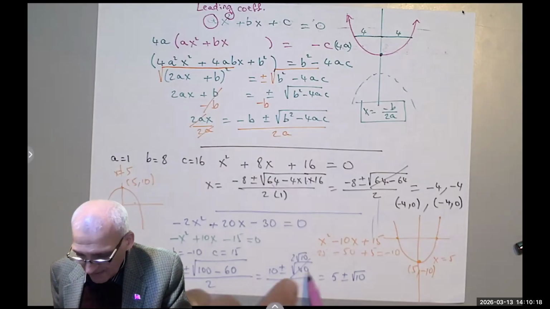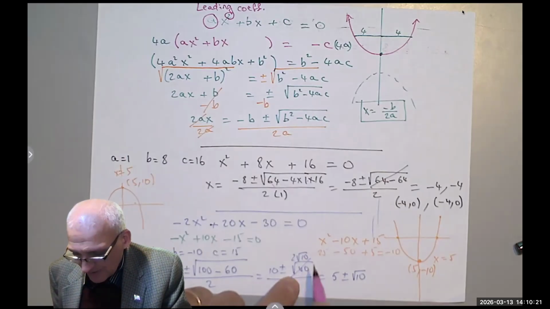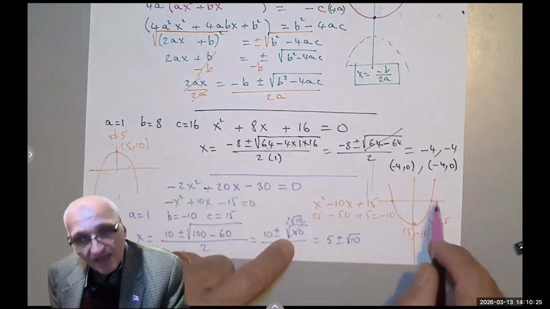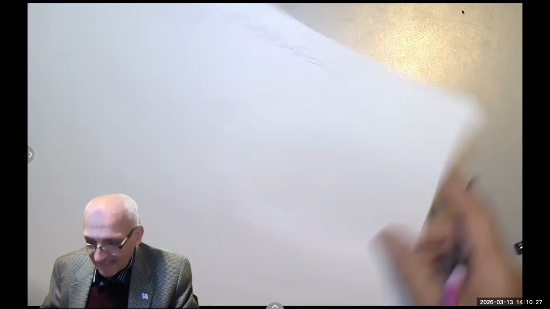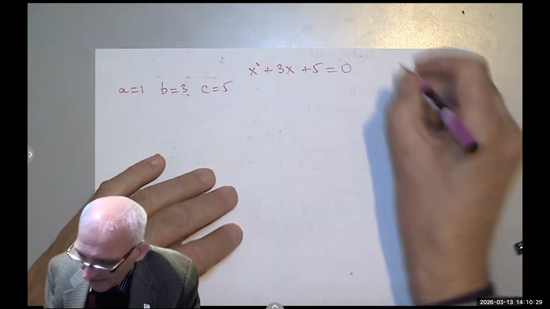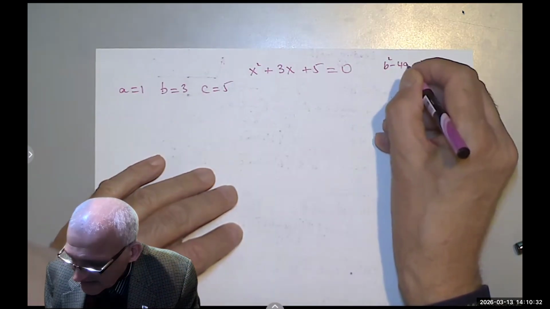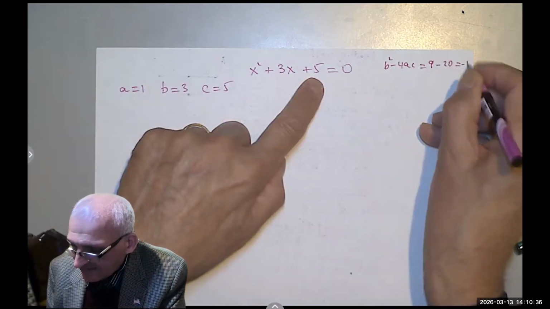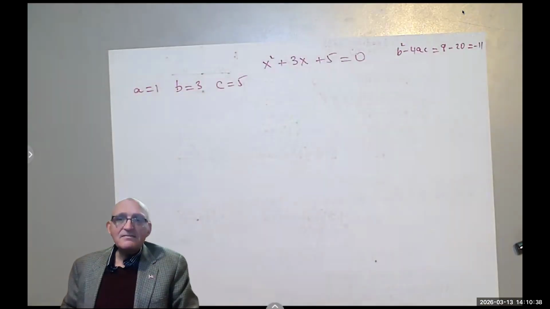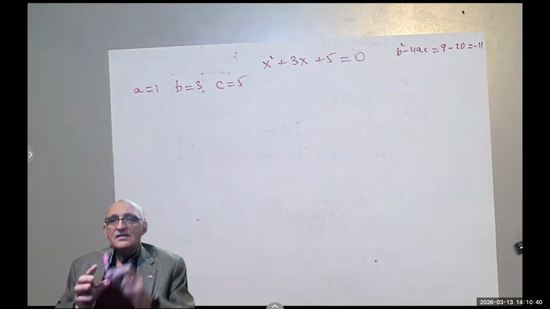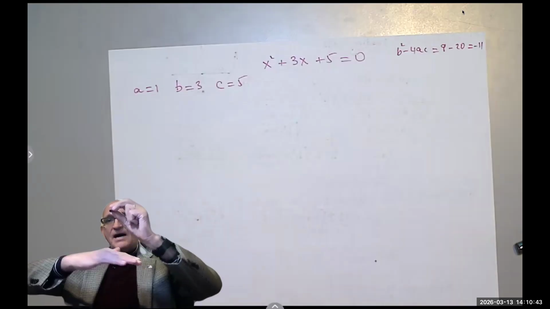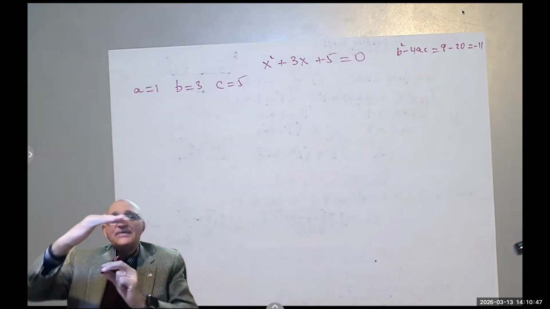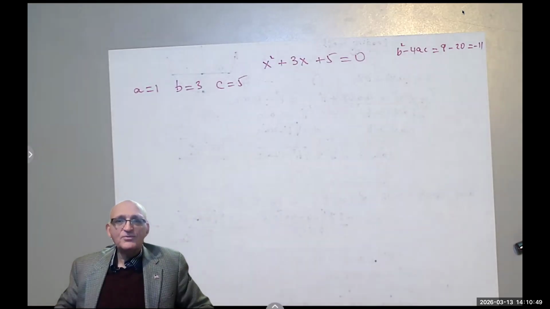Here, the B squared minus 4AC was 40, was positive, which means we have two answers. And if it's negative, like B squared minus 4AC is 9 minus 20 is negative 11, we know that either the vertex is above the x-axis and my parabola is opening up, or it's below the x-axis, but my parabola is opening down.